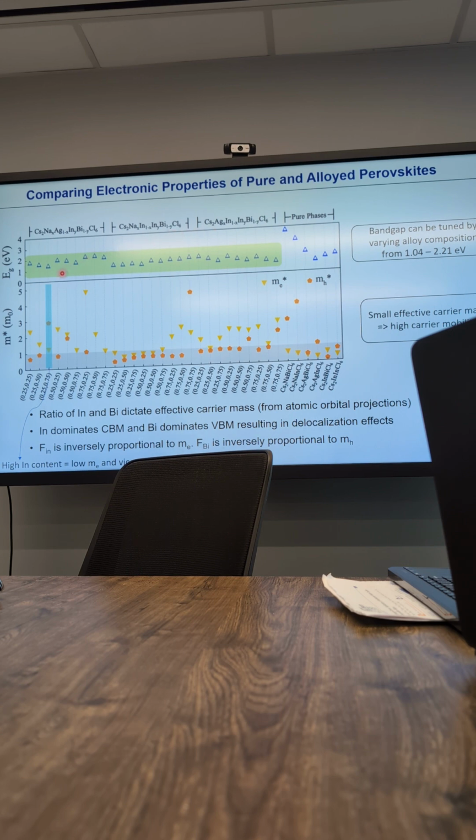But here you realize that based on how much of your X and your Y you have, you get varying band gap values. So they said that from this study, you can tune the band gap of your perovskite material just based on the alloy system.